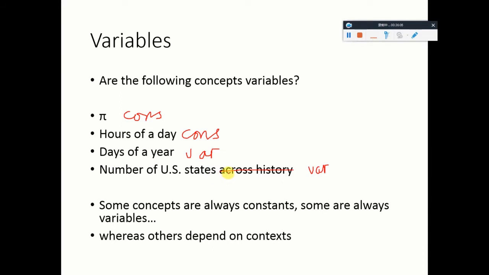Then you might say it is actually constant, because nowadays, however you count, you have 50 some states in this country. So in this sense, the number of US states will be a constant. But if we add these two words to this question, then this concept will suddenly become a variable. So that's what we mean by, whether a concept is constant or variable depends on how we ask the question.